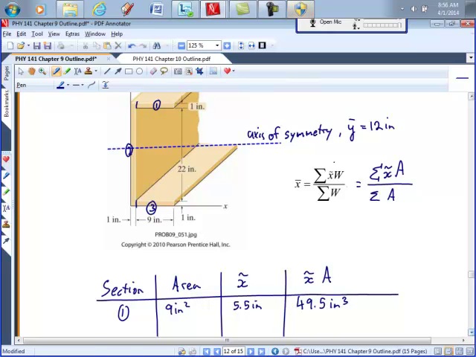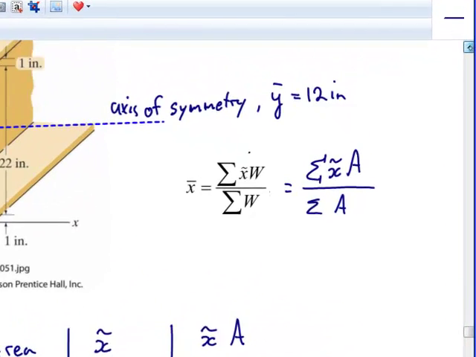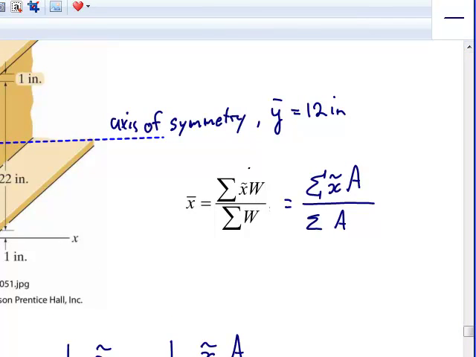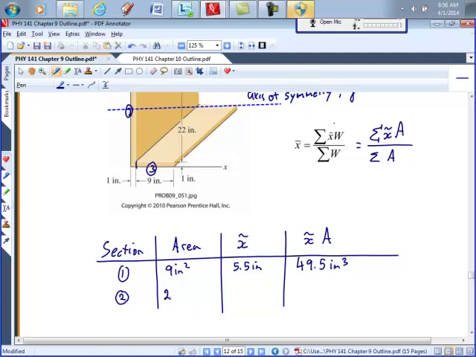Okay, what about section 2? Section 2 has an area of 1 inch wide by 24 inches tall. So 24 inches squared. Where's its x tilde? Where's its centroid? That's right, it's at half of the thickness, or 0.5 inches.